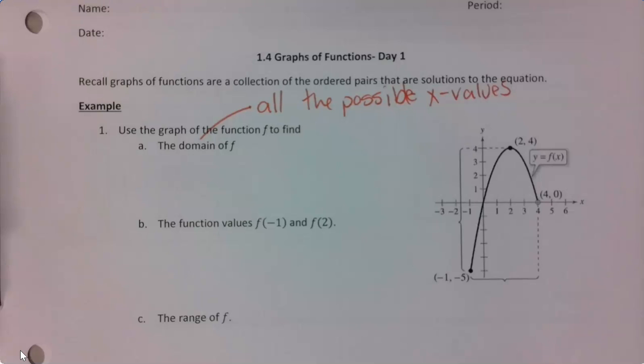Okay, so on this one, I am going to write my answer in interval notation.